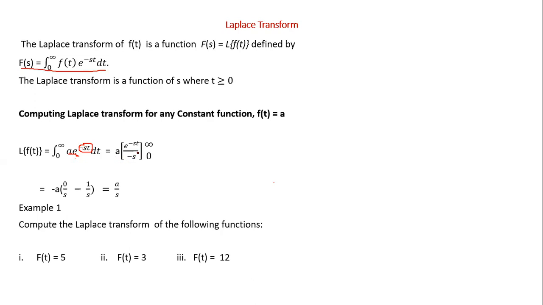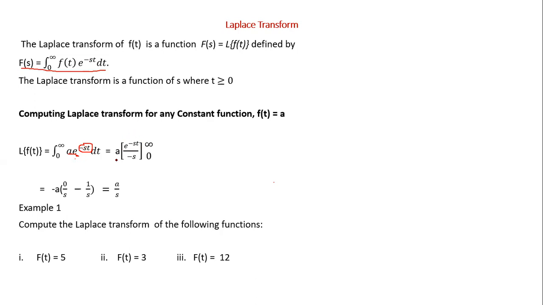Now you know how to evaluate the definite integral. We substitute the limits, upper and lower, and subtract lower from upper. When t is infinity, the top will go towards 0. You know why?